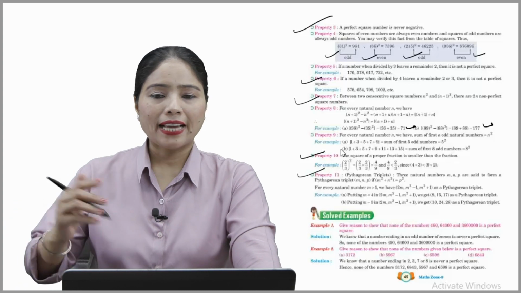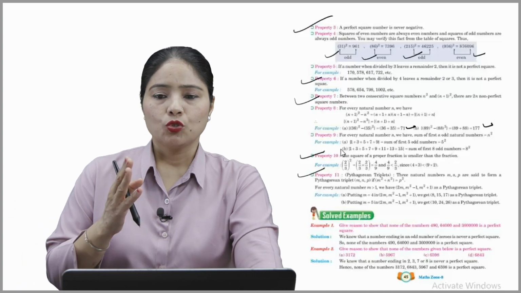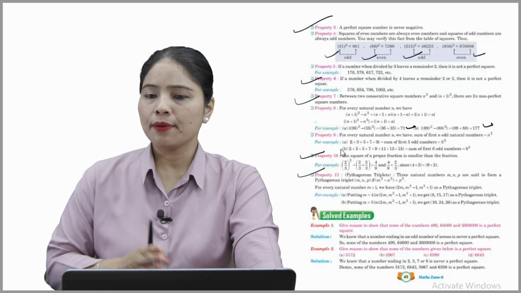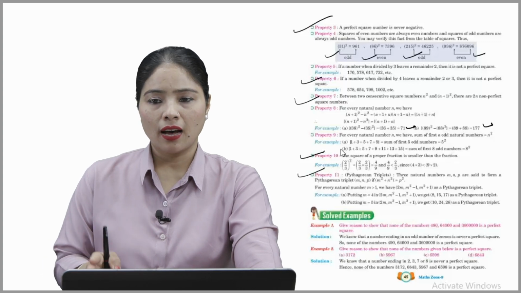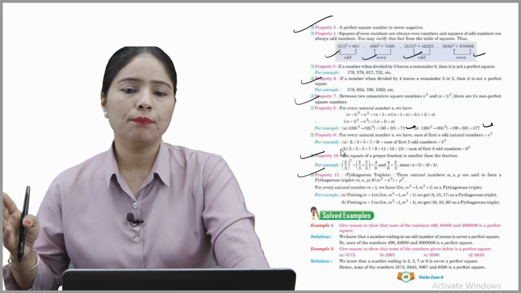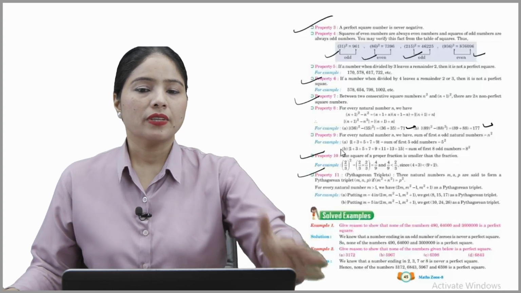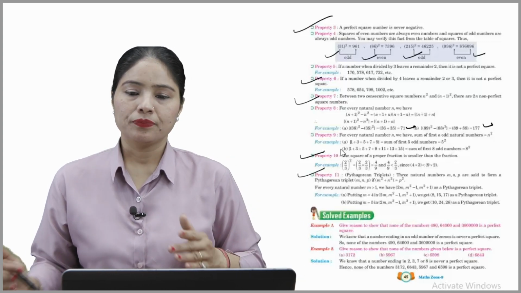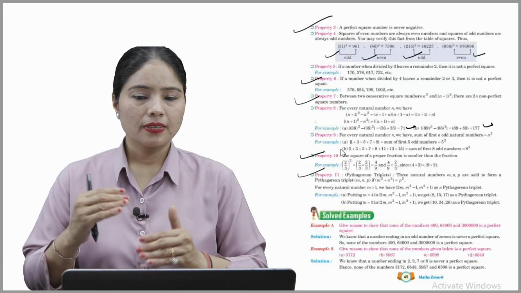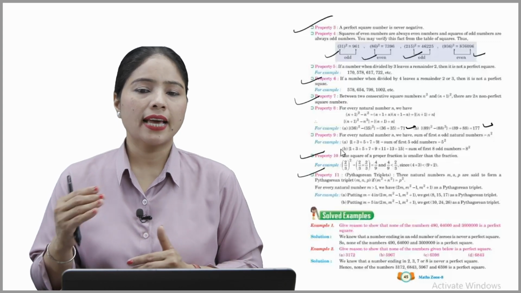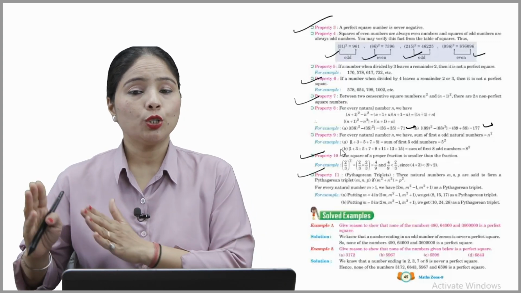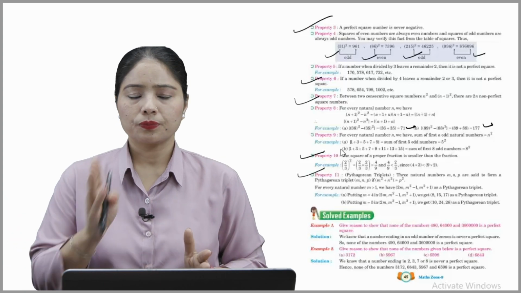In that Pythagoras triplets, 3 natural numbers m, n, p are said to form a Pythagoras triplet if m square plus n square is equal to p square. How?